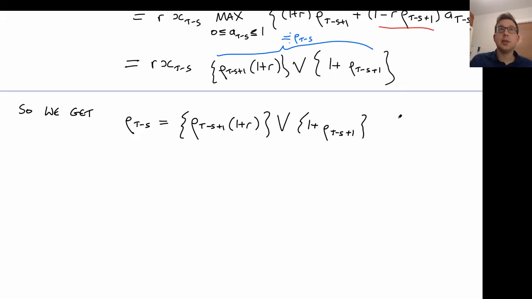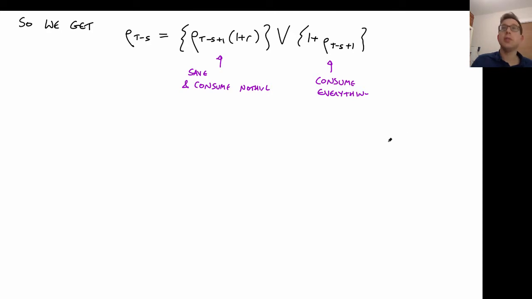So this term here means save and consume nothing, and this term here means consume everything. So the 1 here means consume everything, and then we've got some of the proportions of consumption from there on out. All right, so now let's draw a picture of what's happening.